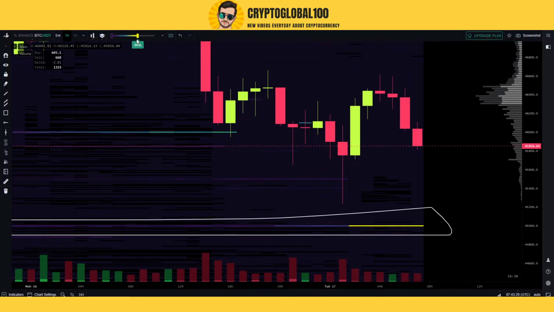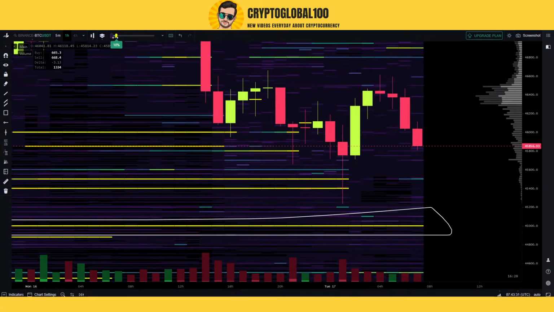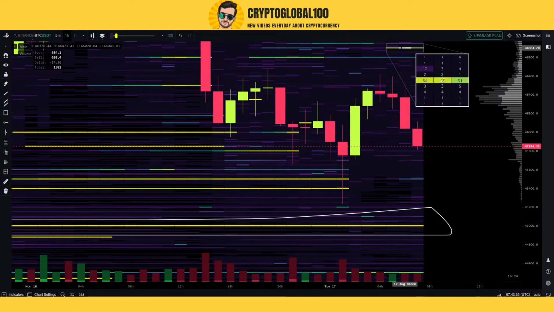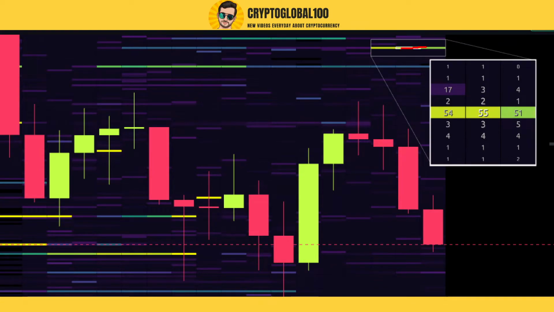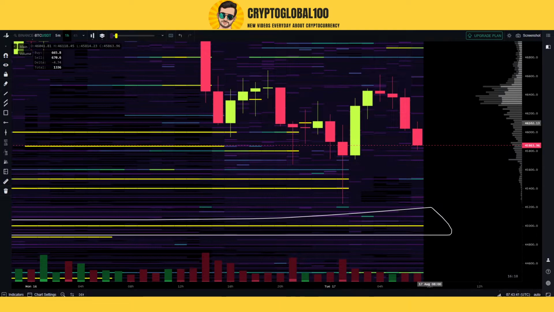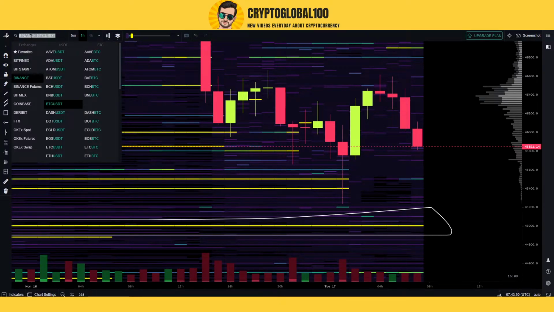But if I zoom out, you can see here we have a resistance at this area, maybe this one, and that is a very weak resistance. It can break, but there is not a lot of volume, the volume is on the downside. Try to understand what my theory is behind this. And here you can go to Binance.